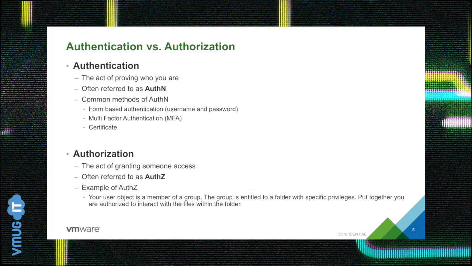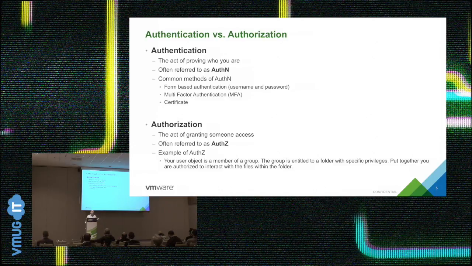One is identifying yourself. That is referred to as authentication, often shortened as auth-n. And then, for example, you provide your username and password. Hopefully you haven't shared the password with anyone, so you are who you claim to be.